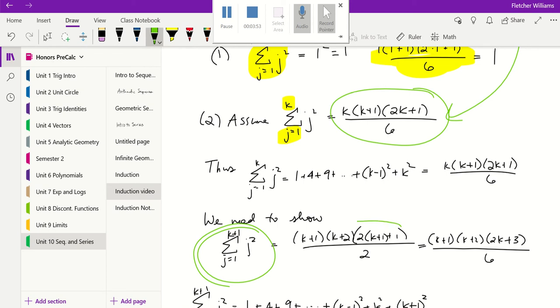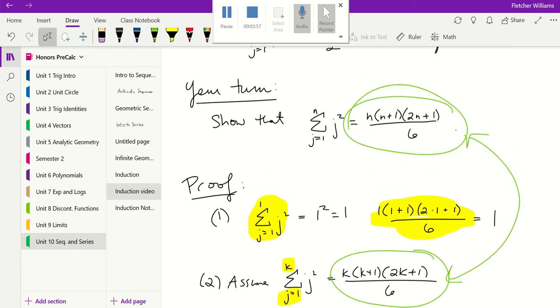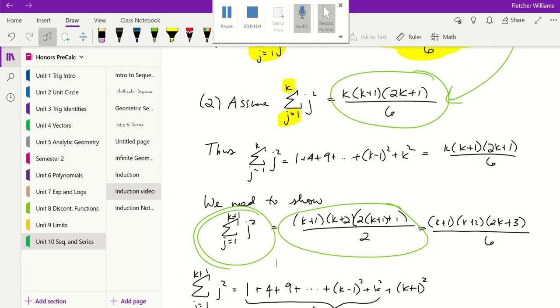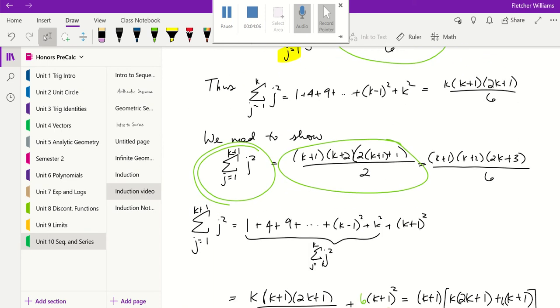So I just plugged in k plus 1 to the formula wherever there was an n. So wherever there was an n, I put a k plus 1. And so what you see down here is just all the algebra to distribute it and get, okay, so that's what we got to show. We got to show that you can go from the summation 1 to k plus 1 and get to this simple fraction. That's where we were.